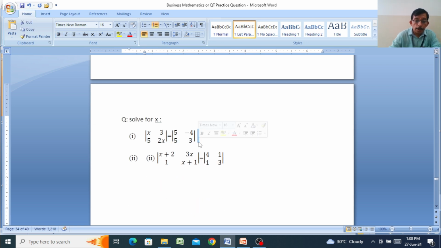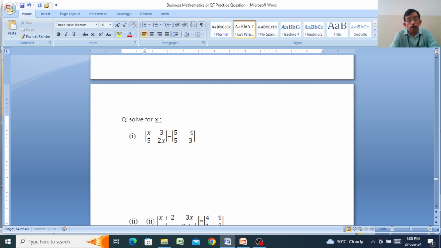The first question is, solve for the value of x. Both determinants are equal, then find the value of x. The determinants are of second order; first we solve both determinants, then apply the condition of equality. Is it clear, everyone?